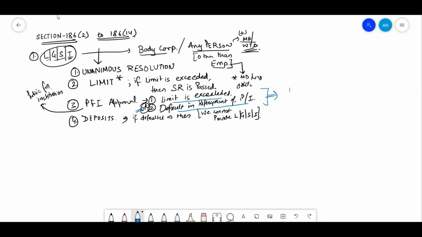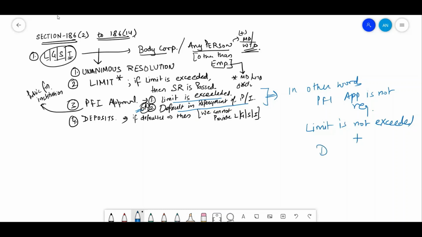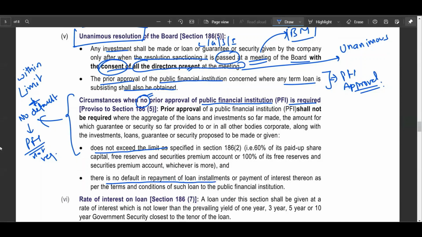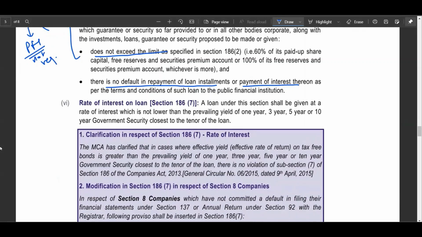So, in other words, PFI approval is not required when limit is not exceeded plus default is not there. All right, so this is what we have studied here. Circumstances when no prior approval is required, when it does not exceed the limit and there is no default in repayment of loan or payment of interest. All right, I hope you understand this section requirement.